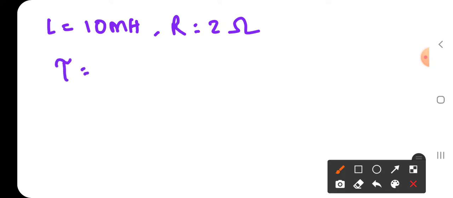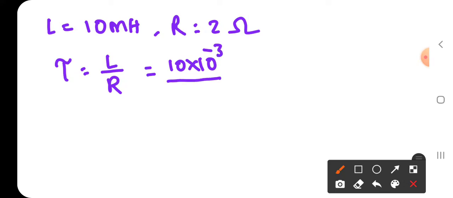Tau is equal to L by R, so this is 10 into 10 power minus 3 divided by 2. 10 by 2 is 5, so 5 into 10 power minus 3 seconds.